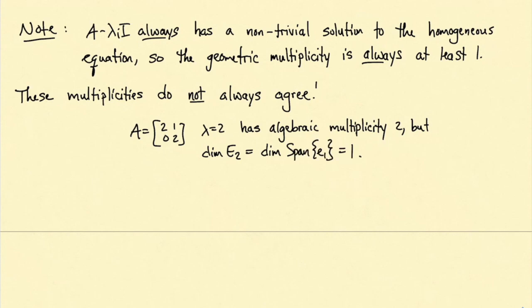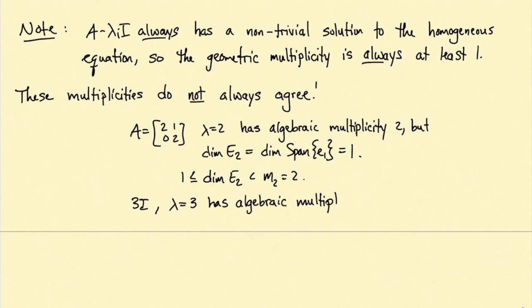So this tells us that the geometric multiplicity can be less than the algebraic multiplicity. However, the matrix 3I has a single eigenvalue 3 with algebraic multiplicity 2, and the geometric multiplicity, the dimension of E3, is 2. So we can see here that the algebraic and geometric multiplicities agree.